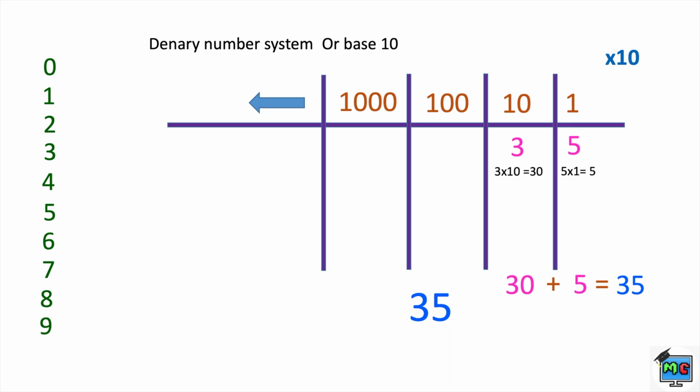Whenever we want to write a number with a single symbol, we have 0 to 9 we can use. The moment we want to write a number more than 9, we can't do it with one symbol. We need at least 2 symbols, and this is why we add extra columns.